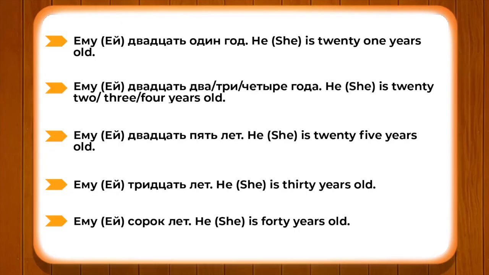Likewise, we have another verb, учиться. But here the ending of the verb is absolutely different from the ending of писать, so the conjugation would be different. How do we conjugate the verb учиться? Я учусь, ты учишься, он, она учится, мы учимся, вы учитесь, and они учатся.